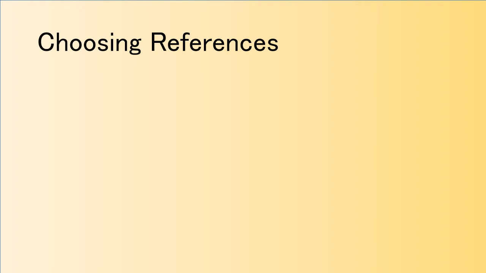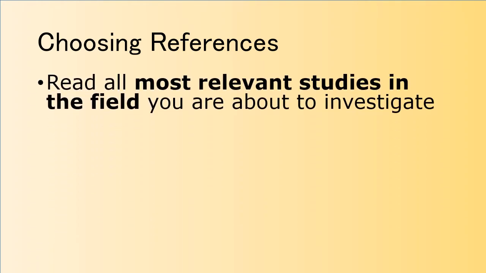So let's go on to choosing references. After you have selected the topic and you know your own strengths and weaknesses, now you are going to enrich your understanding of that topic. You can begin by reading most of the relevant studies in the field you are about to investigate.